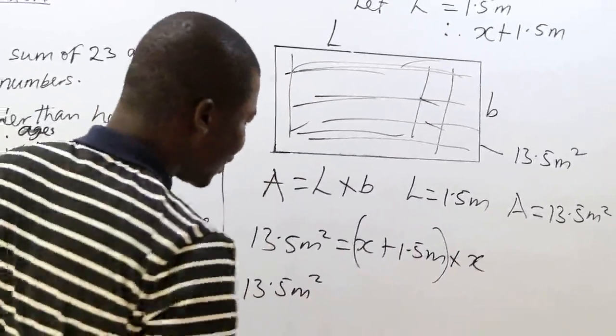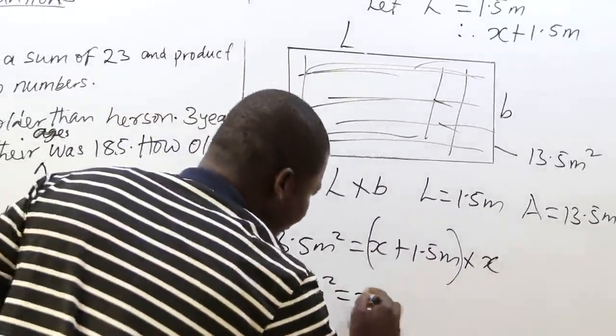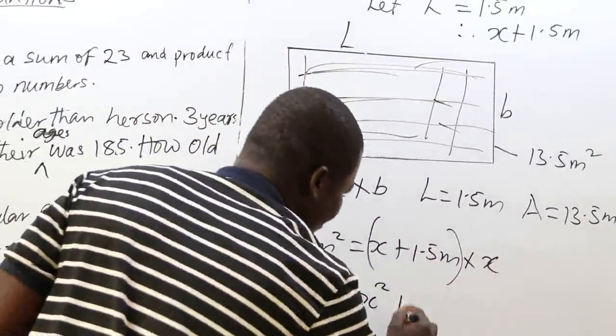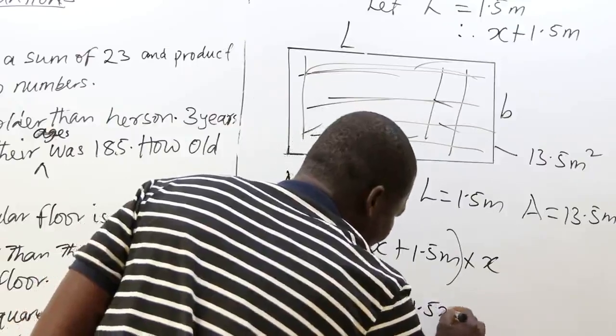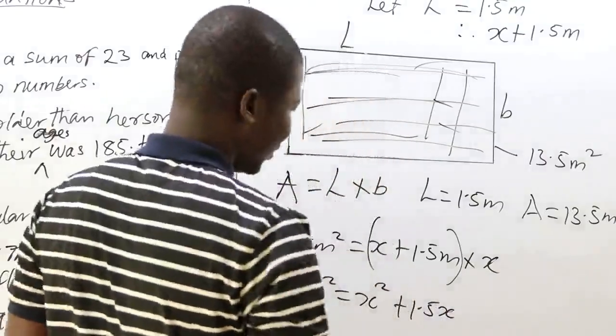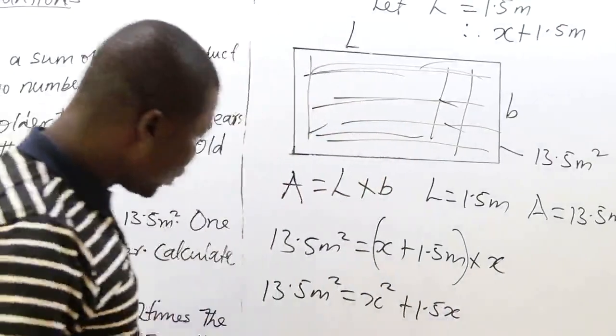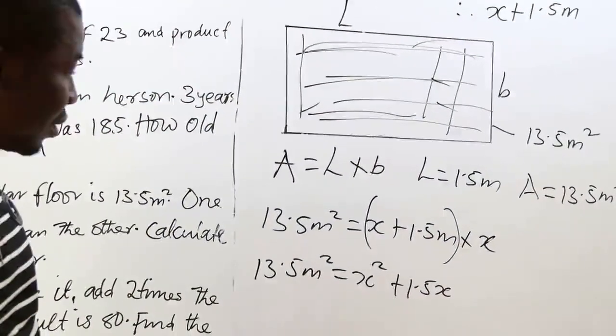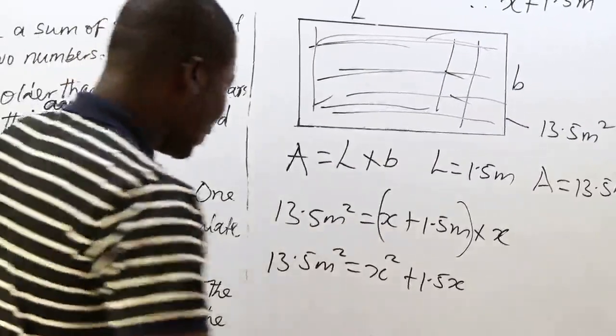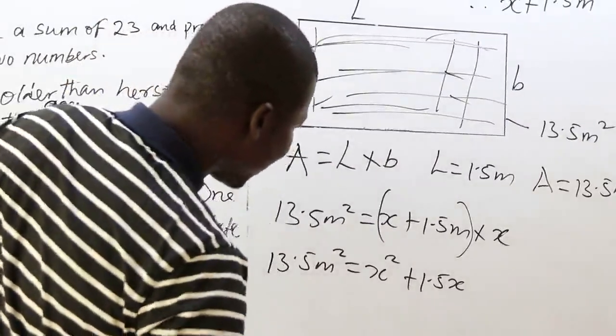Expand the bracket. We are going to have x squared plus 1.5x. Now we observe this is a decimal, we can change it to fraction so that we simplify.